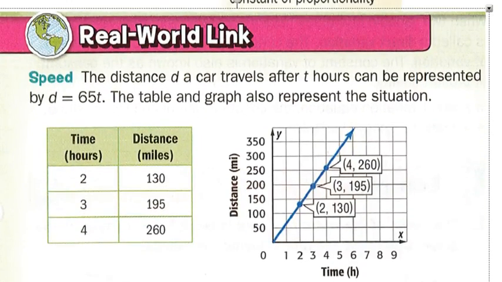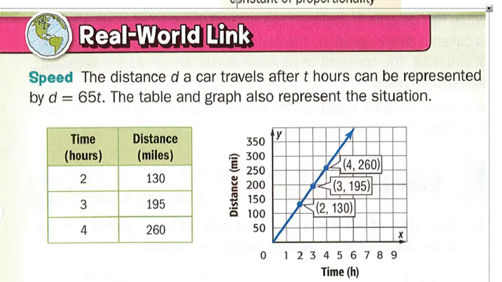So let's look at our real world link. It says the distance d a car travels after t hours can be represented by this equation d equals 65t. The table and graph also represent the situation.